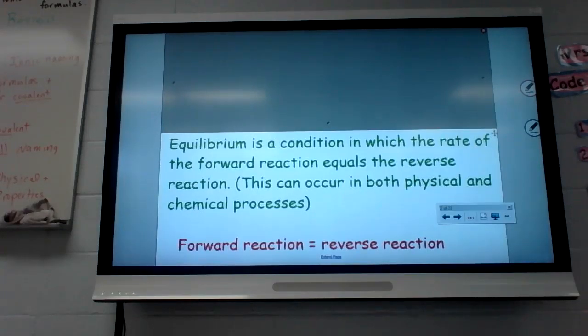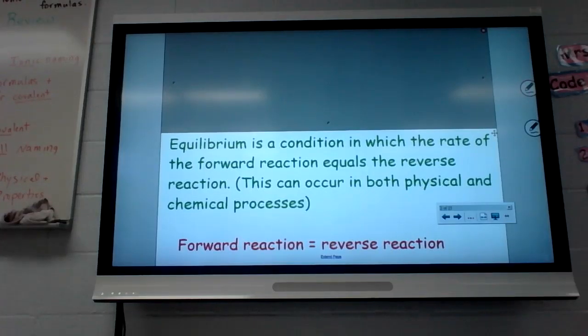Now, equilibrium. I've changed the definition a little bit because we're going to talk about chemical equilibrium today. So I've changed the definition to alter the words to fit a chemical reaction.